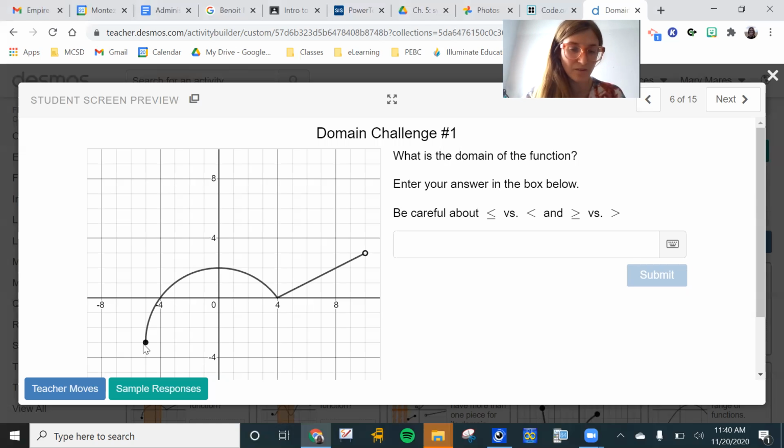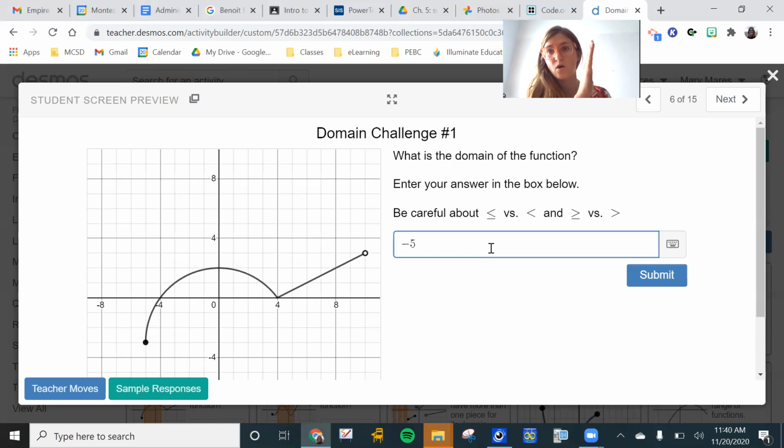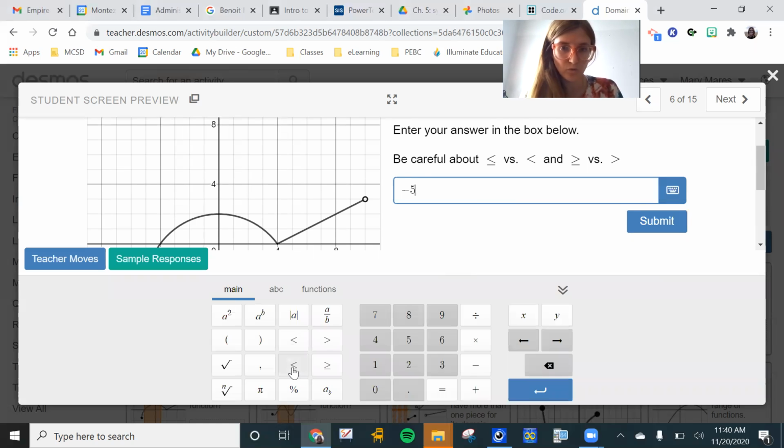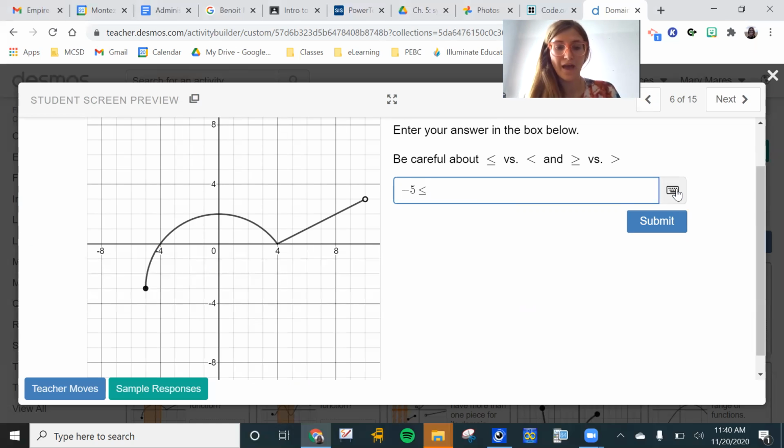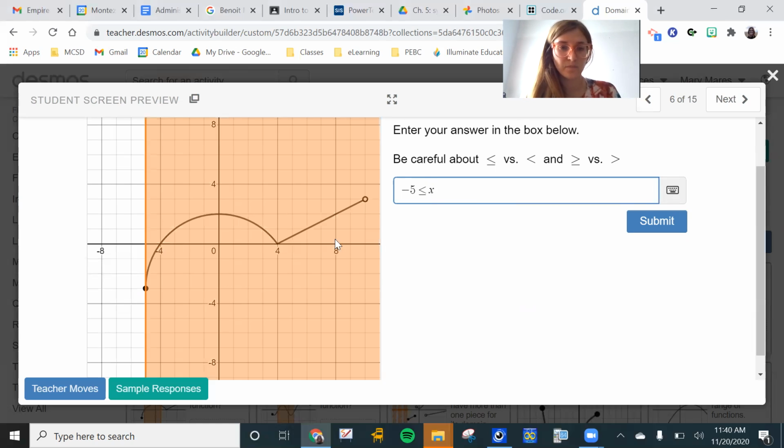So that's at negative 5. So negative 5 is going to be one end. So negative 5 is less than or equal to x, and x is also less than 10. It does not include 10 because it's an open circle, so it's just less than 10.